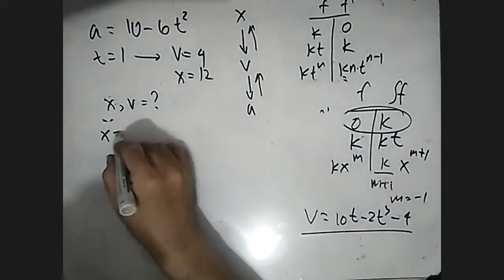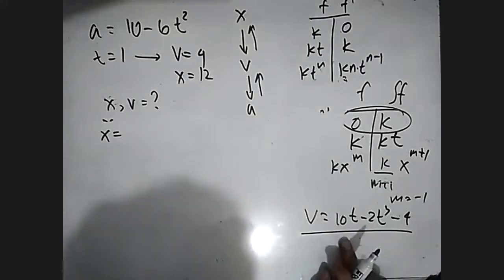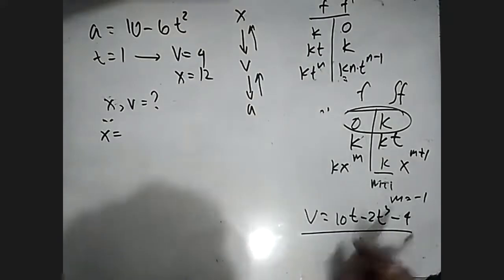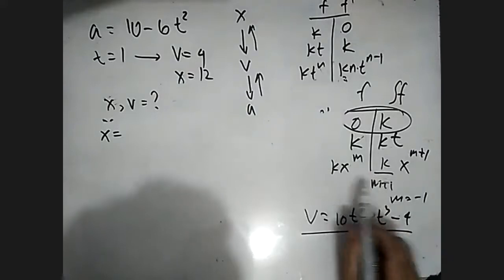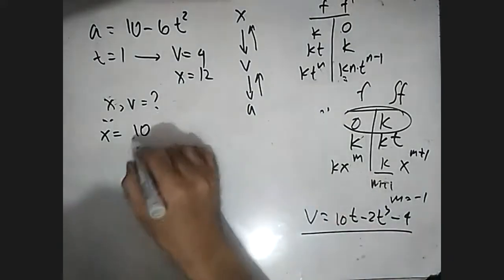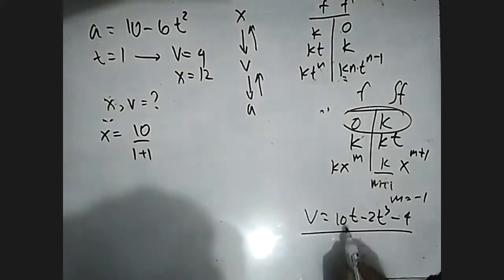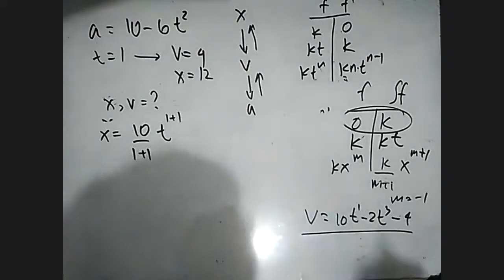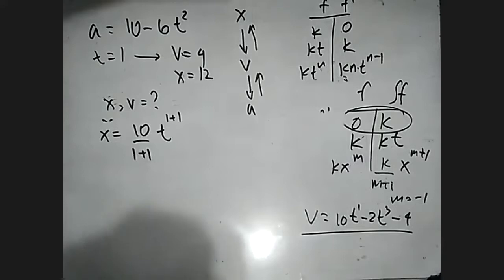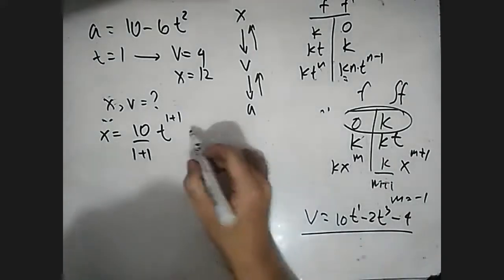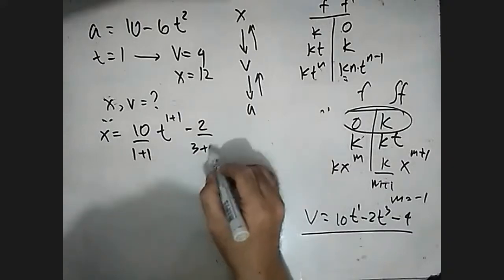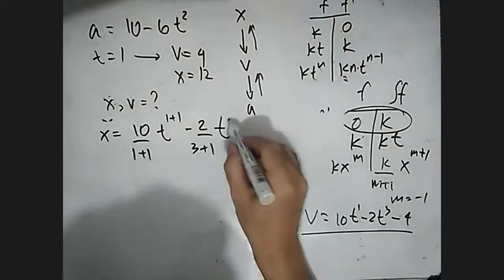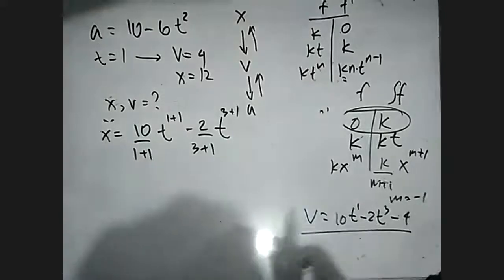Now, x is going to be, I'm going to go directly here, 10 times t, we're going to use the third formula. So it's going to be 10 over 1 plus 1, t to the power of 1 plus 1. This is 10t power 1 here. As for this, minus 2t cubed: minus 2 over 3 plus 1, t to the power of 3 plus 1.